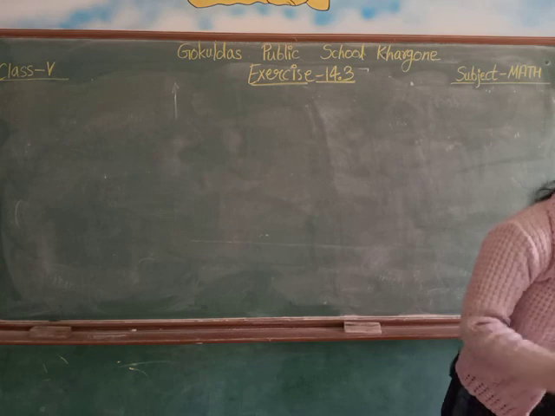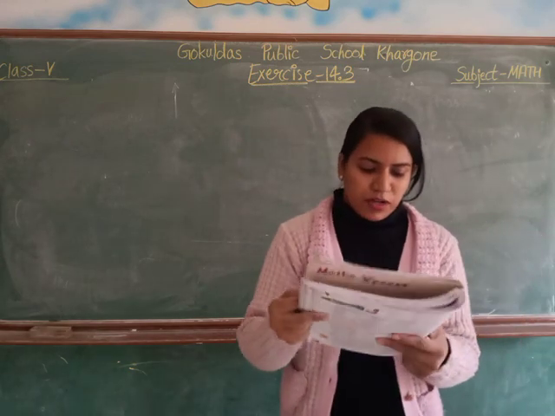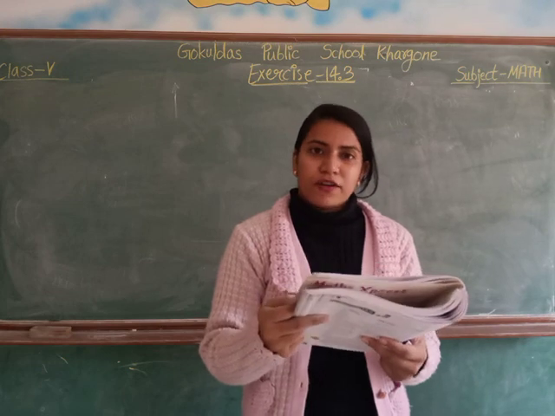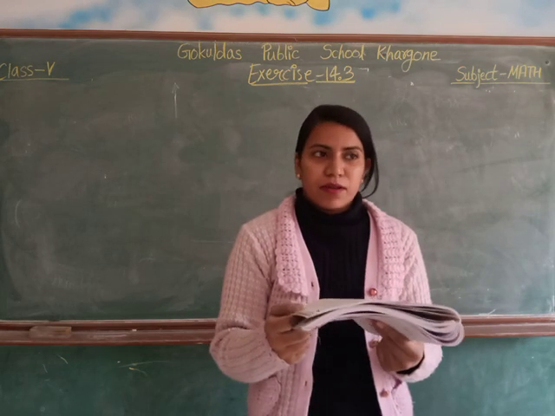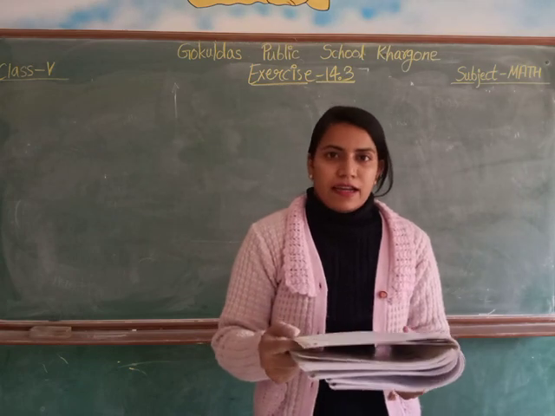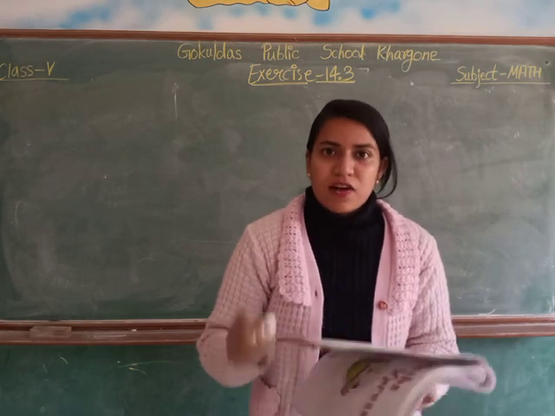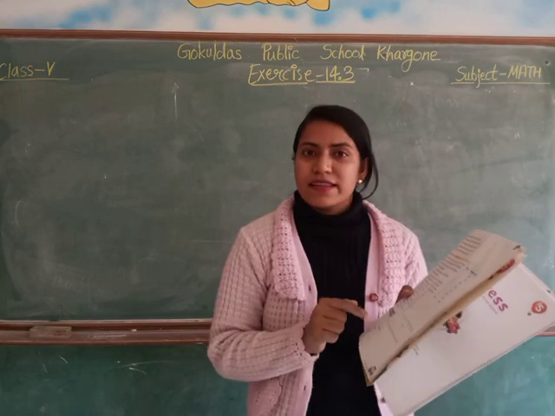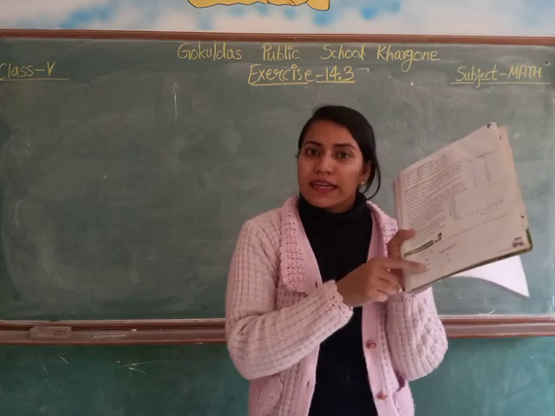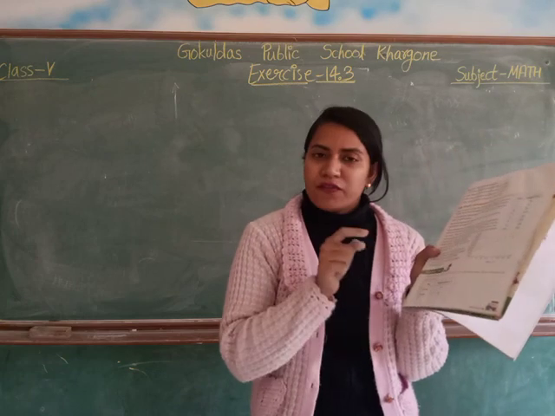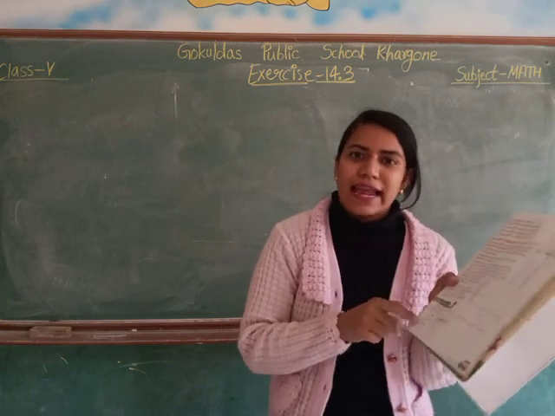Read the question carefully. Question number 1: the temperature of a place for a week is given in the table below. Draw a line graph to represent the data. What is our task? Our task is to draw a line graph to represent the data given in the table. A table is given in your book. With the help of that table, we will draw a line graph.